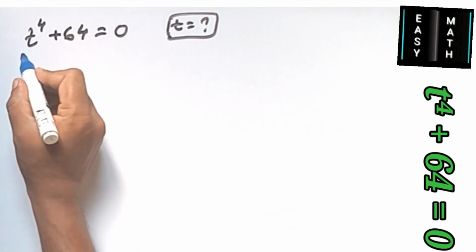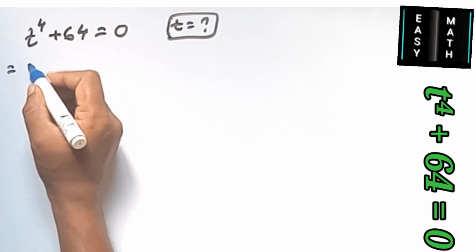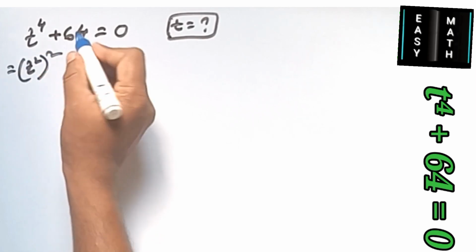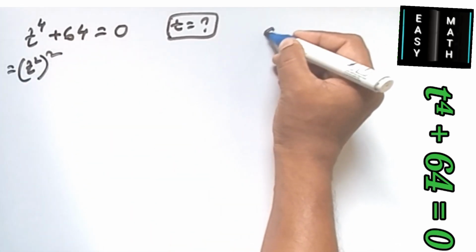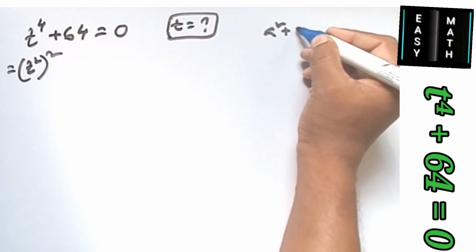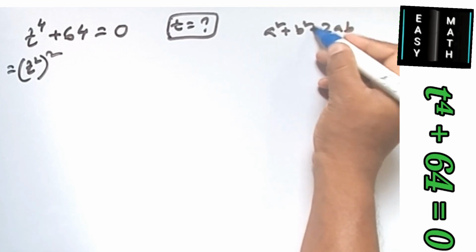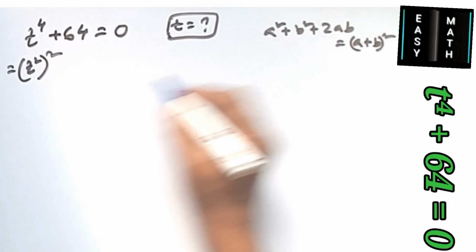So first we can write t to the power 4 as (t square) square, and there we can use the formula a square plus b square, plus 2ab. This is the (a plus b) whole square formula.